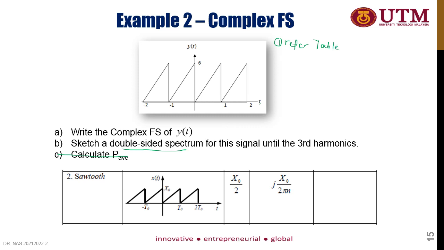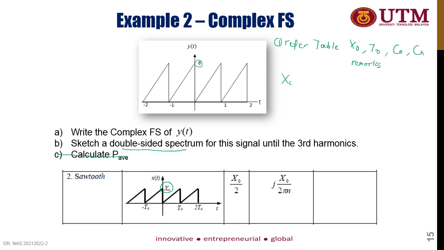Look at the more or less similar shape and identify what is the x0 and then T0, and then C0 and also Cn, and don't forget the remarks. So in this case, your x0 equal to 6.